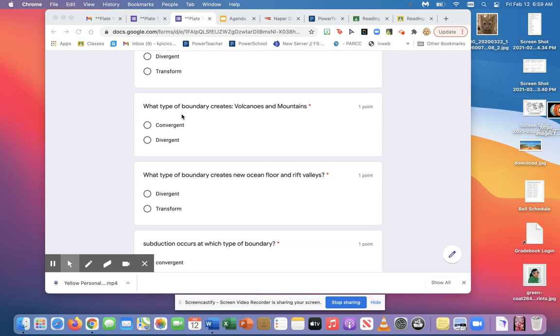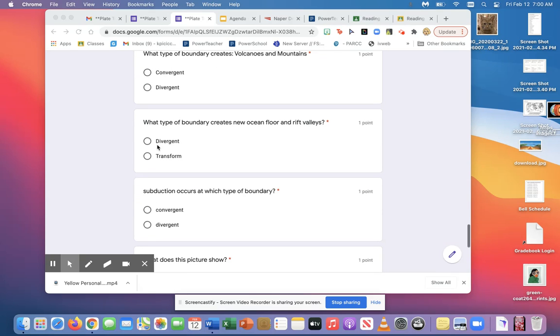Got a few more questions here. What type of boundary creates mountains and volcanoes? So, what would cause a mountain or a volcano to form? Is that convergent or divergent? Okay, next question. What type of boundary creates new ocean floor and rift valleys?